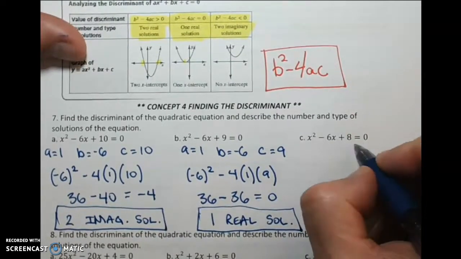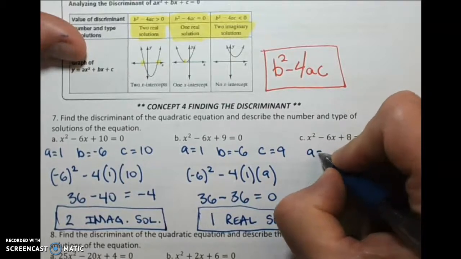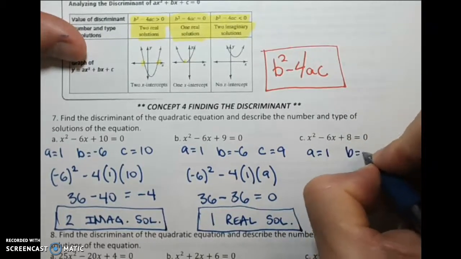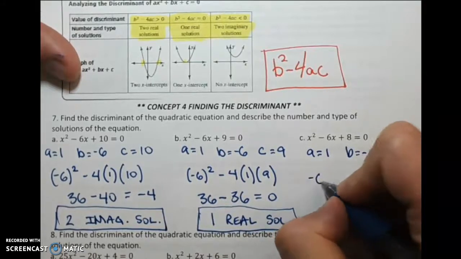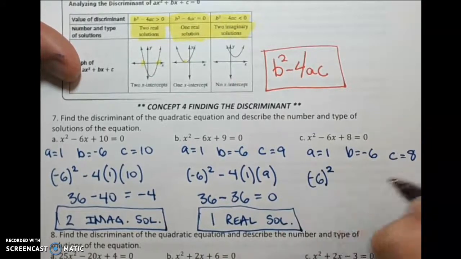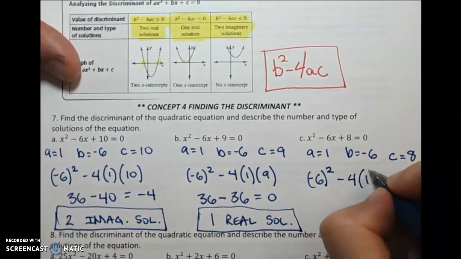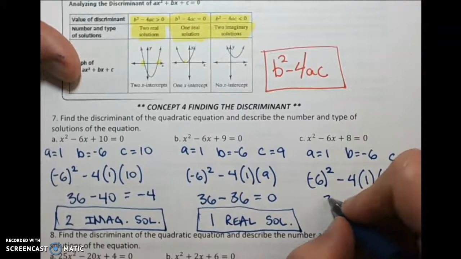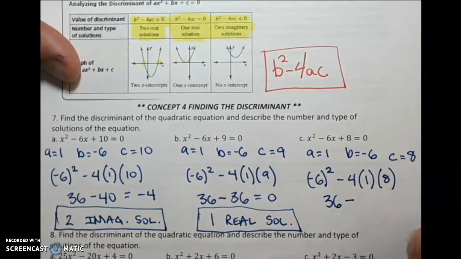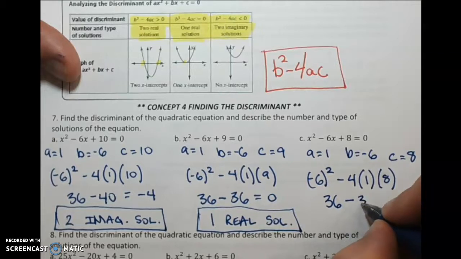And the last time, this time, C is 8. So A is 1, B is negative 6, and C is 8. Alright, so again I have B squared, negative 6 squared, minus 4 times A, which is 1, times C, which is 8. That gives me 36 minus 32.